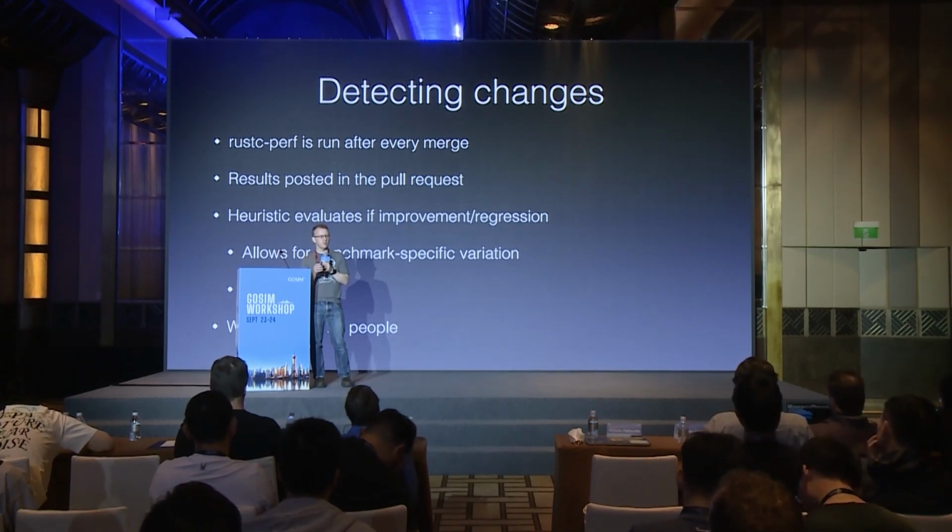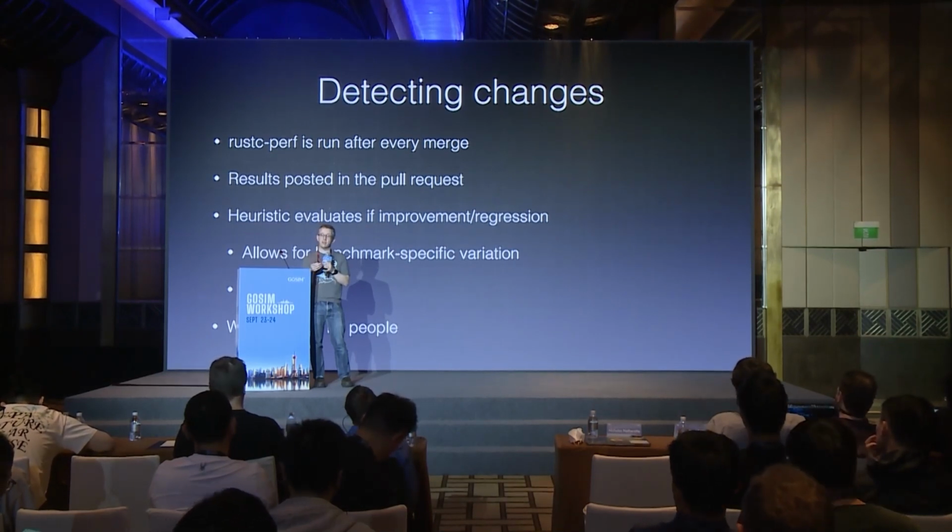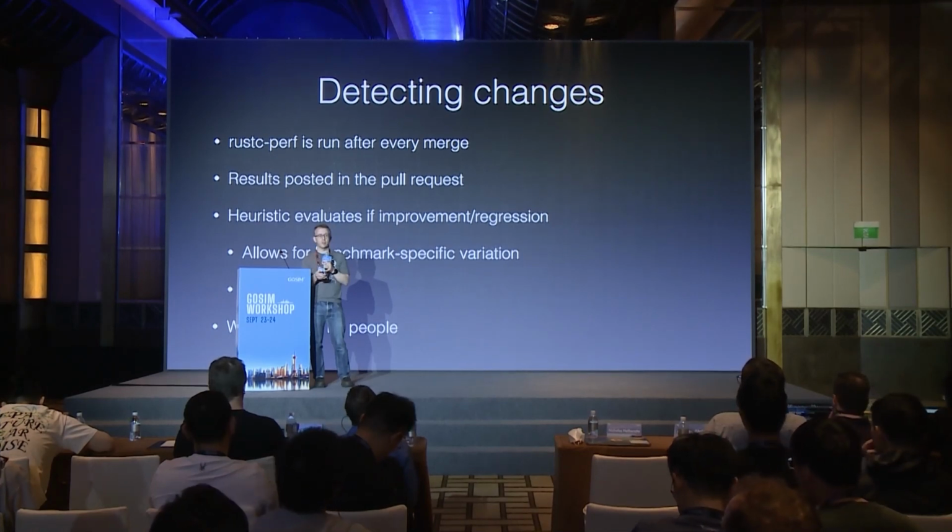The heuristic is also not completely perfect. Sometimes it will make a wrong evaluation, and so we have a backup step where every week there's a person who goes through and checks all the results and makes sure that nothing important has been missed.